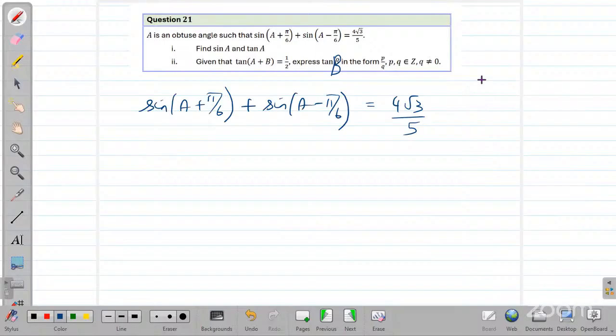If you want, I can just write the sine formula over here on the side.